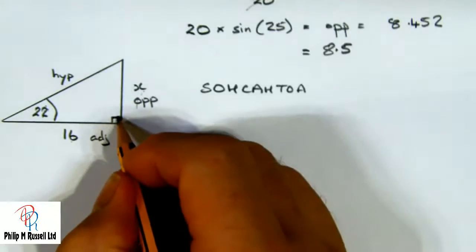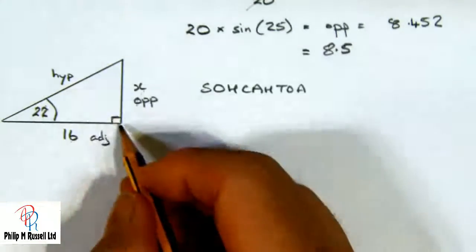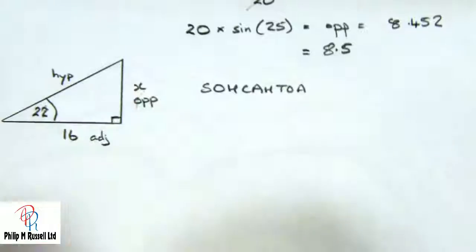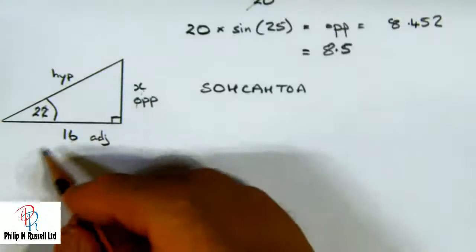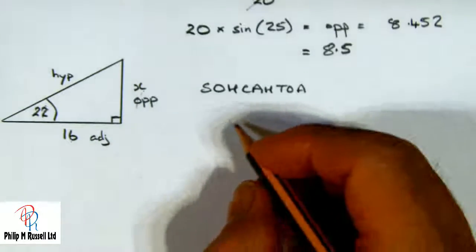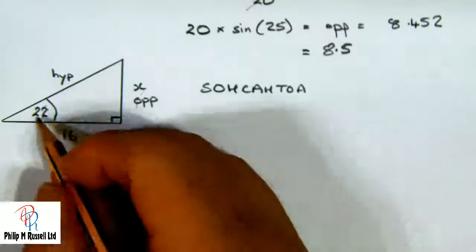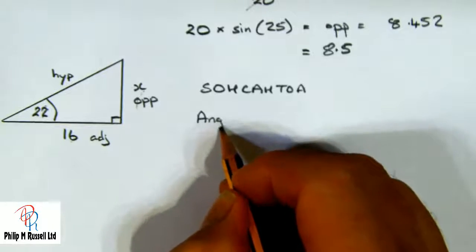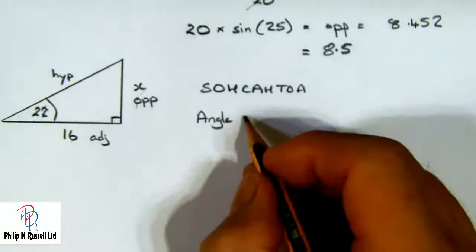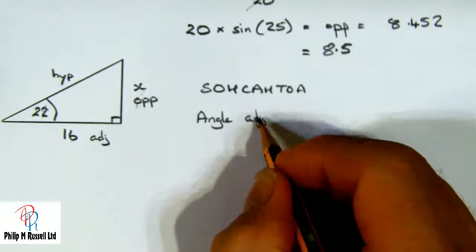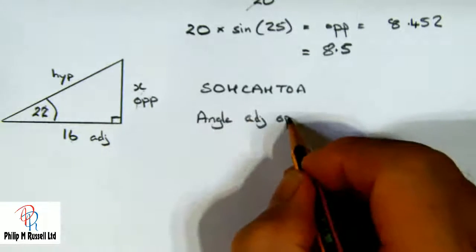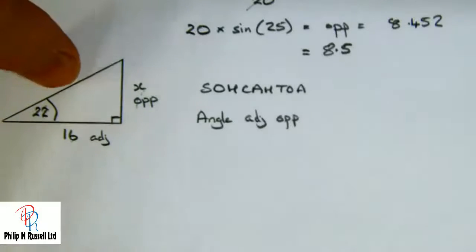The hypotenuse is always opposite the right angle, it's the longest side. Let's write down what we've got. So I've got an angle, I have the adjacent, and I want to find the opposite. So I'm not interested in the hypotenuse in this question at all.